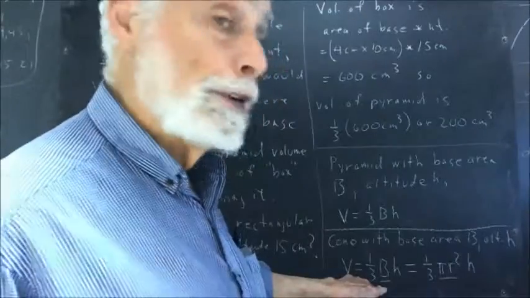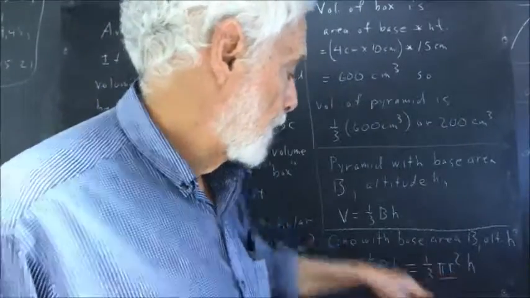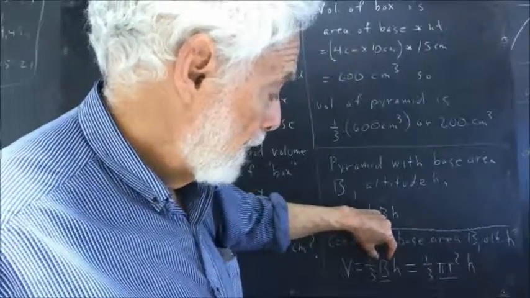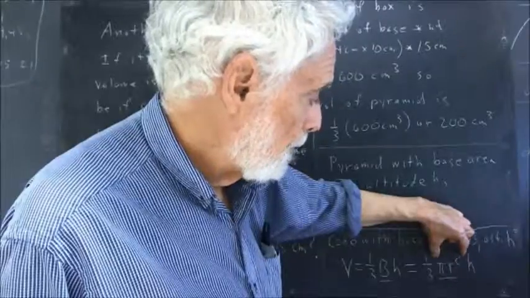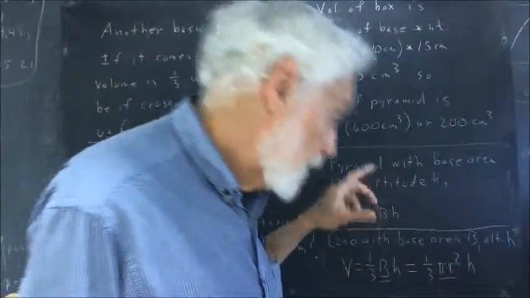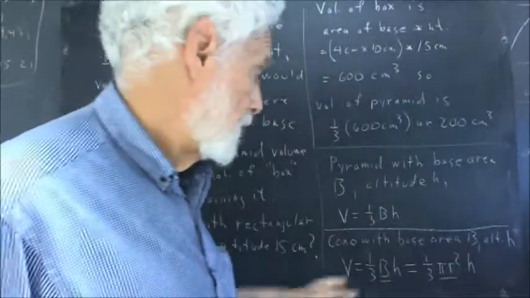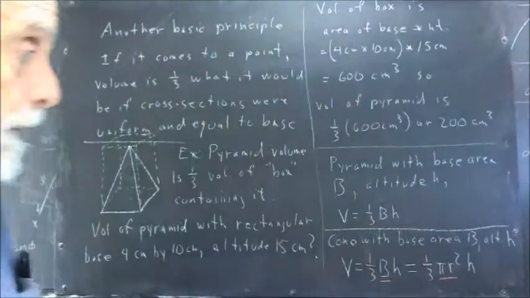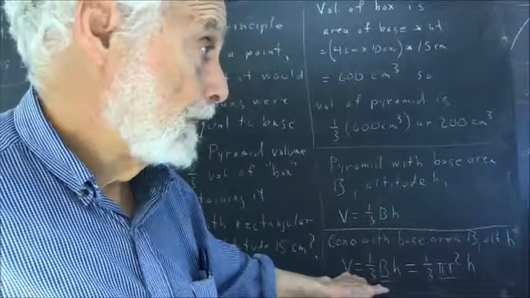The base is a circle of radius r, so its area is pi r squared. So the area of the base here is replaced by the pi r squared, which is the area of the base of a cone with base radius r. Okay, so there's no great mystery to this formula. It's really just a version of this formula.